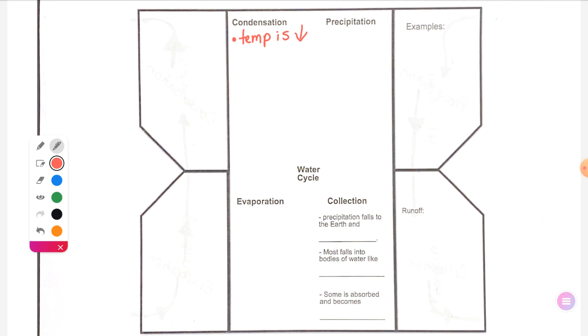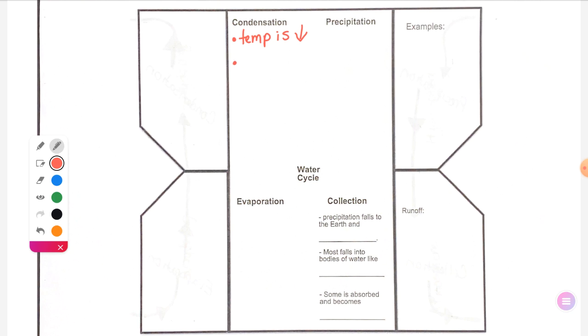What is the state of water in the condensation, or what's it changing from? What to what? Kendall: Liquid to a gas. Hold on, think about that. Gas to a liquid.